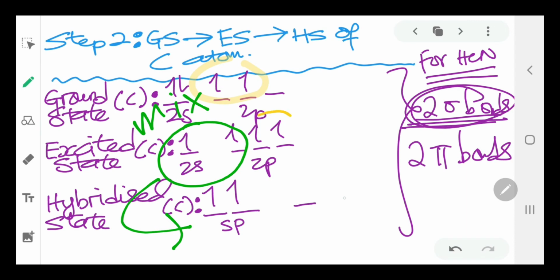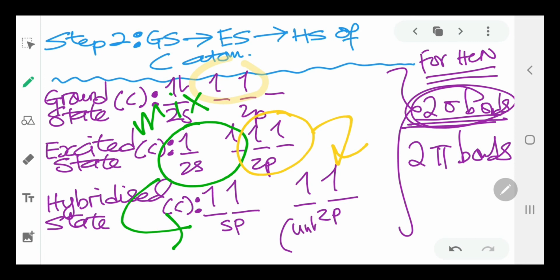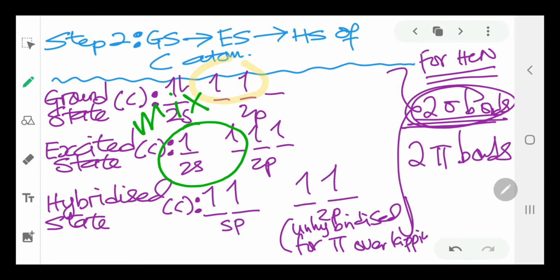The other 2 unpaired electrons over here are 2p, which will be left unhybridized for pi overlapping. It's similar to what we did in the beginning for carbon dioxide. From your analysis, it's very important to get it all correct, because when you reach this point, it serves as a reference.